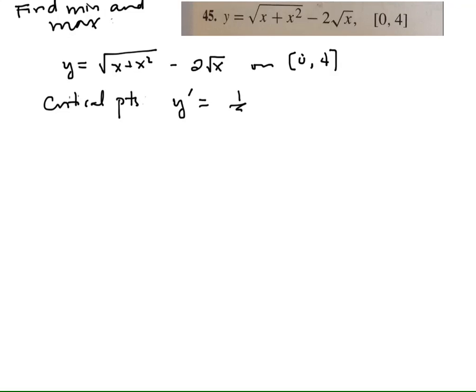So let's see, we get 1/2 times x plus x squared to the negative 1/2 times the derivative of that inside function, which is 1 plus 2x. And then we'll have minus 1/2 x to the negative 1/2. Okay.